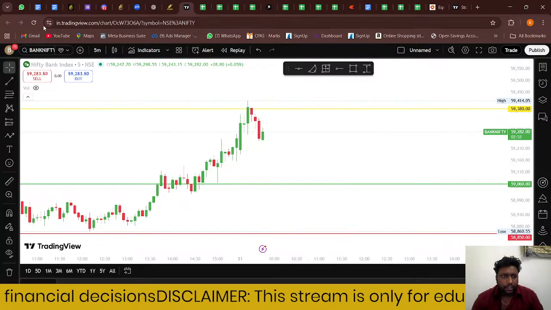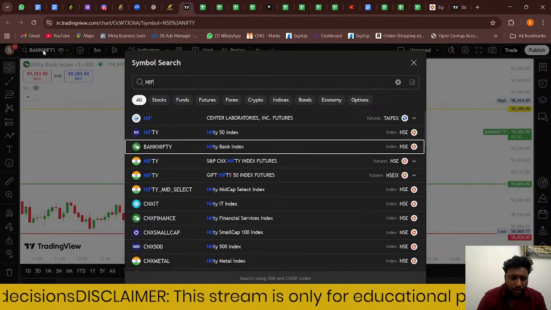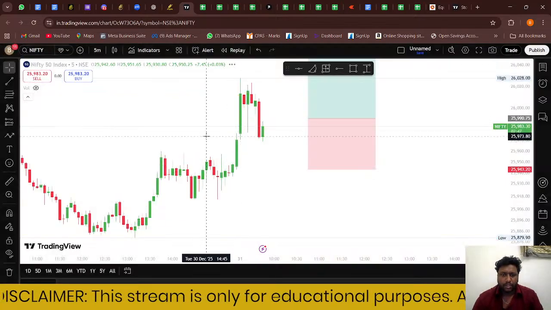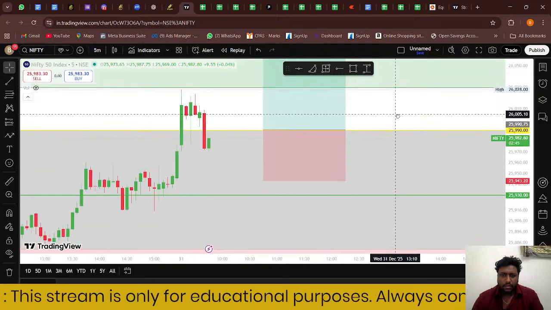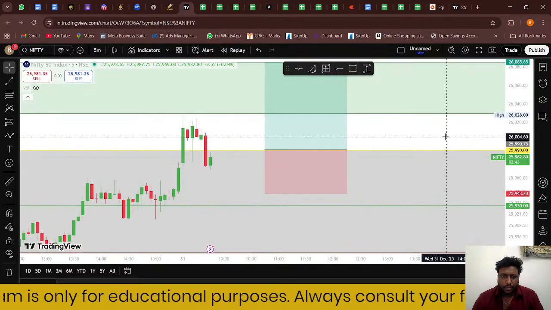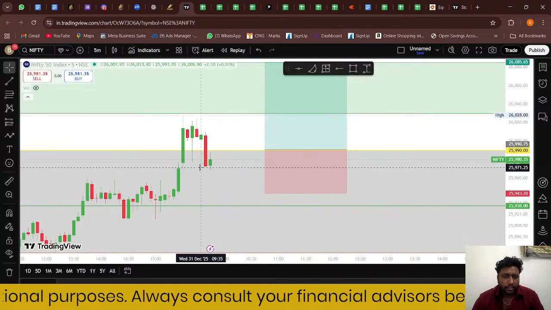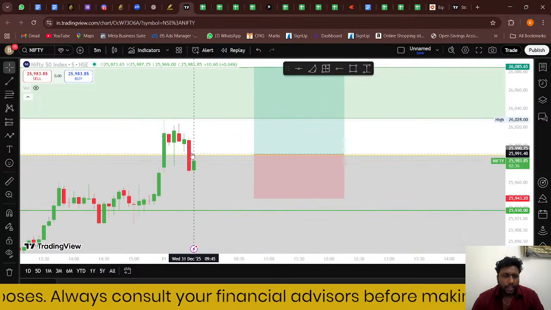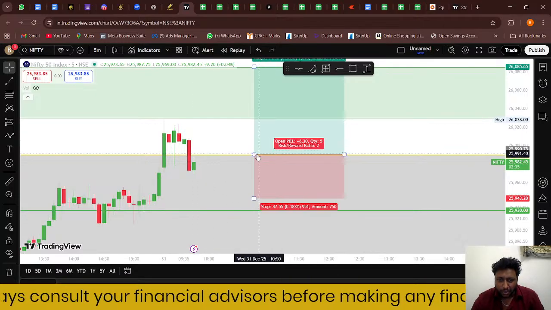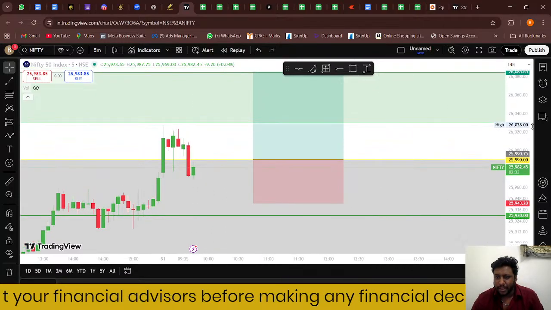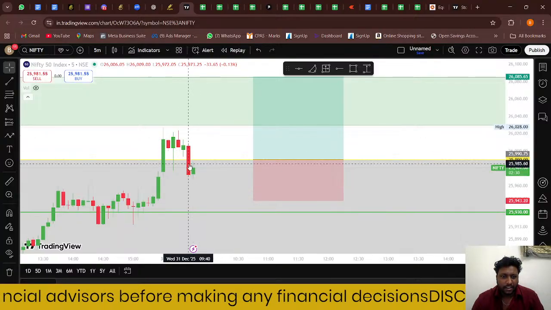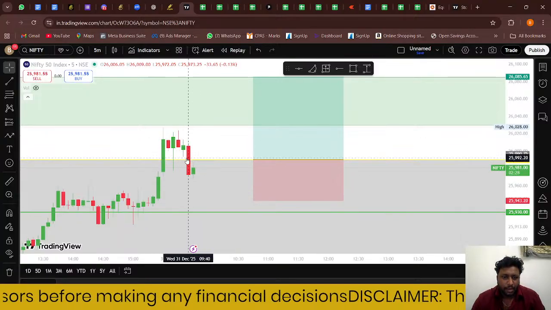So we'll wait for that proper thing to happen. If it is closing back above, then only we'll plan for that bullish entry. So here it is, a sudden drop in Nifty back to our day's low level. That's why I told you, when it retested, we won't be planning an entry if it is a reddish candle coming below this level.